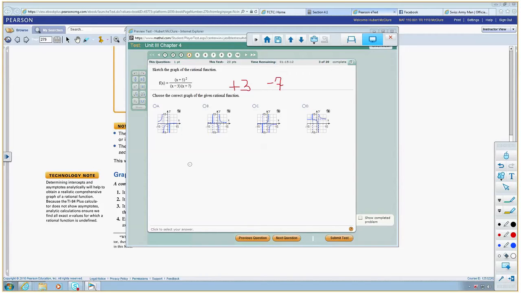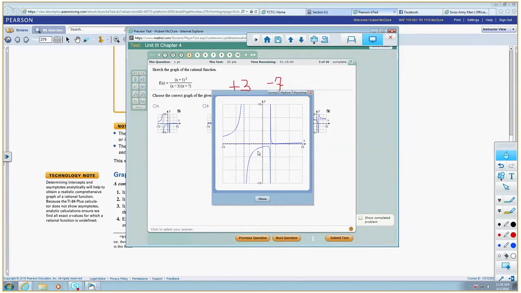So let's look at the first one. Let's see. 5, 10, 15. So every block is 5. So that's negative 7 and positive 3.